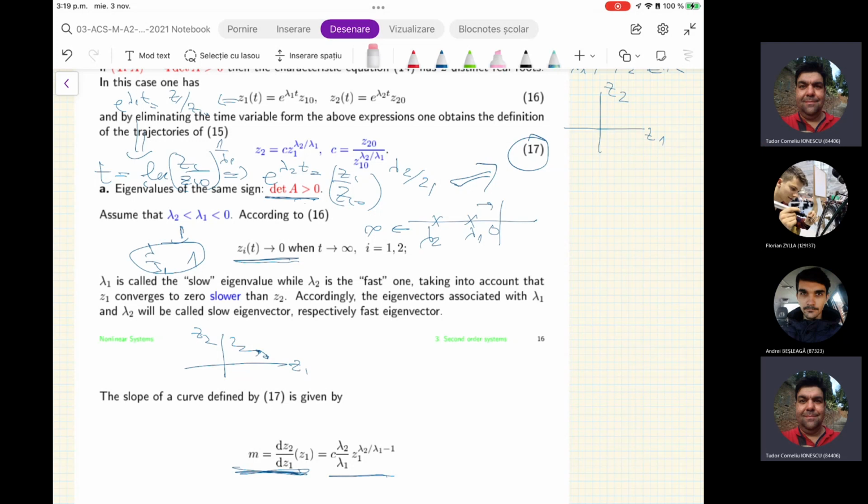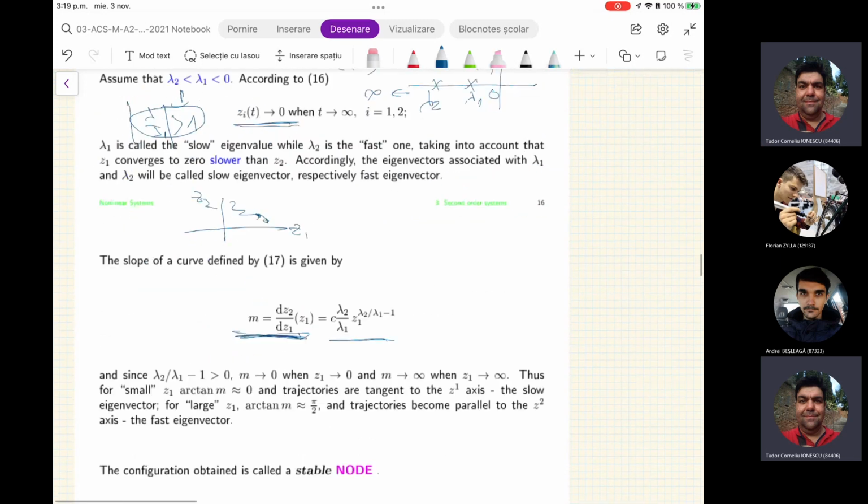Yeah, but they have the same sign. So if you take the absolute value, no, this is true. It's like this. At least you can do it like this. Okay, fine.